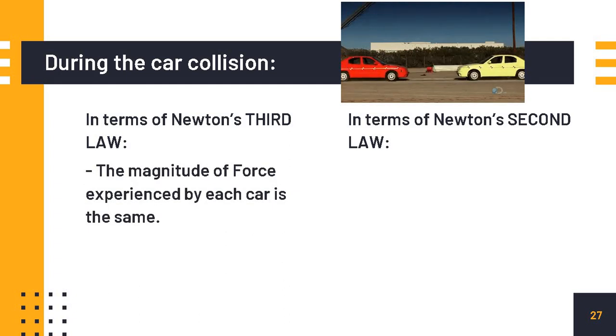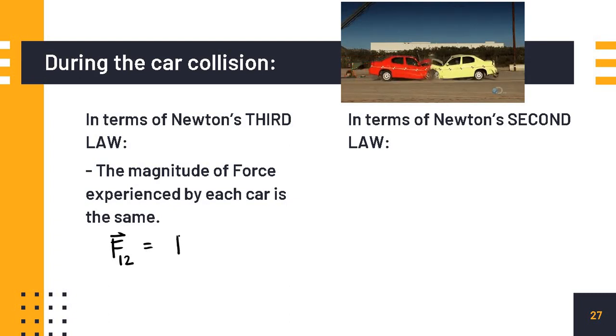The magnitude of the forces experienced by each car is the same, and mathematically we can write that just like this one. The force experienced by object number 1, that is the red car, towards object number 2 is equal in magnitude to the force exerted by object number 2, which is the yellow car, towards the red car, but opposite in direction. That's why we included that negative sign right there.